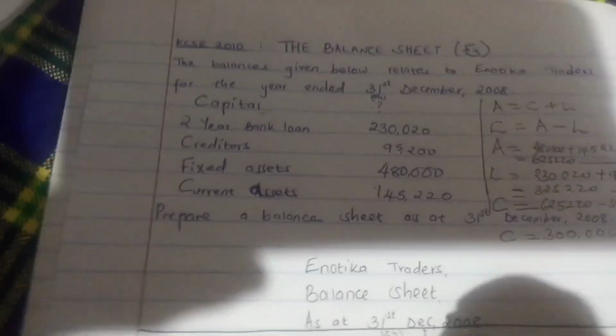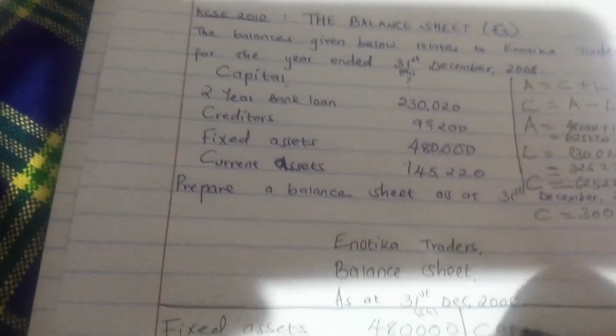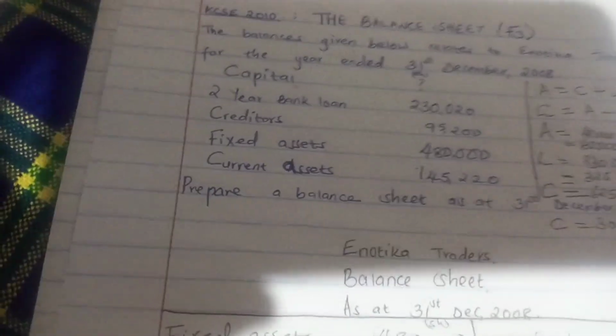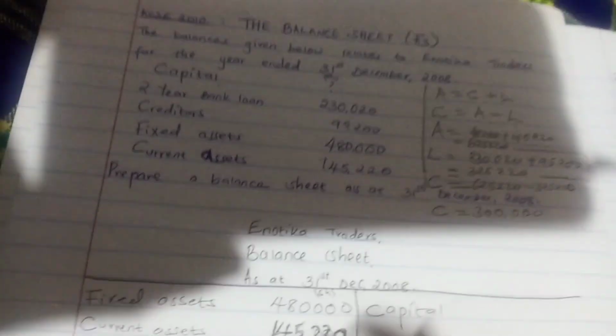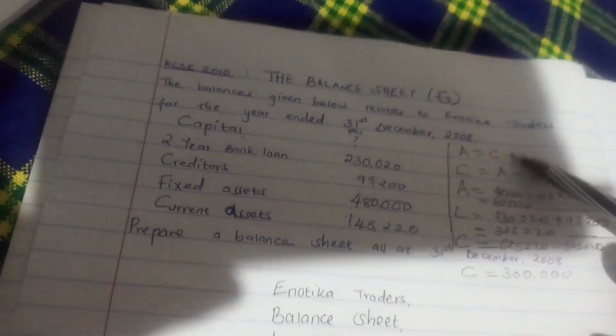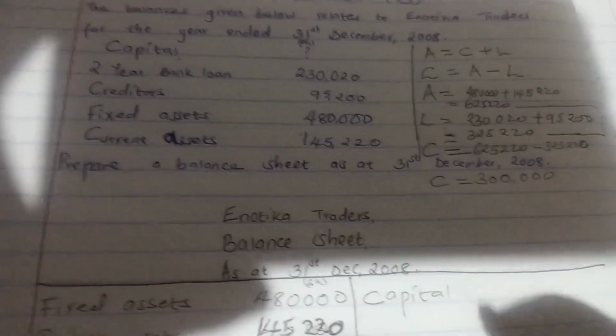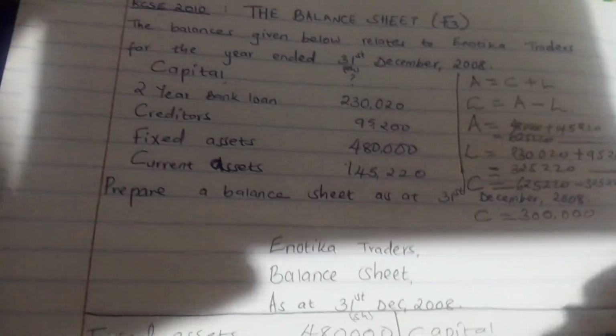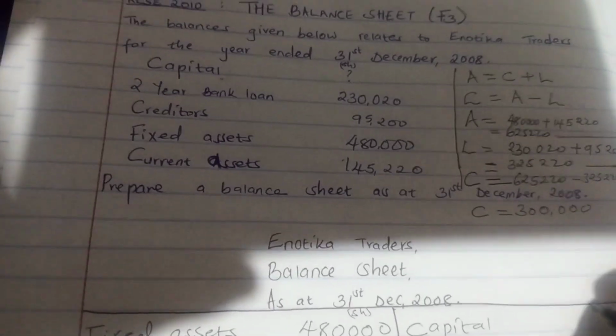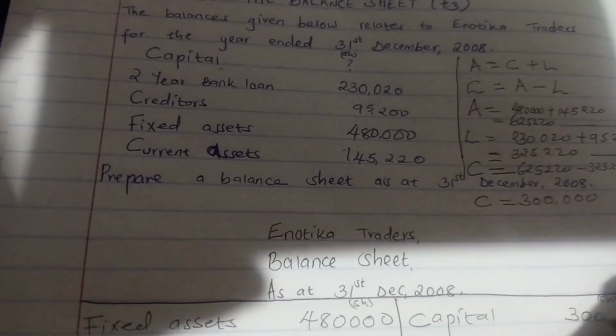Then on my right hand side we have capital and liabilities. Remember, you're usually guided by the bookkeeping equation. So our capital, which we've already calculated, is 300,000.